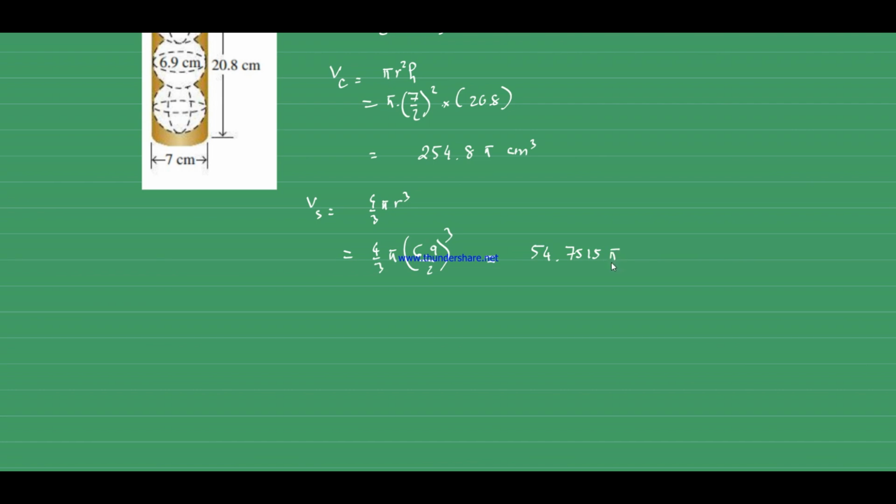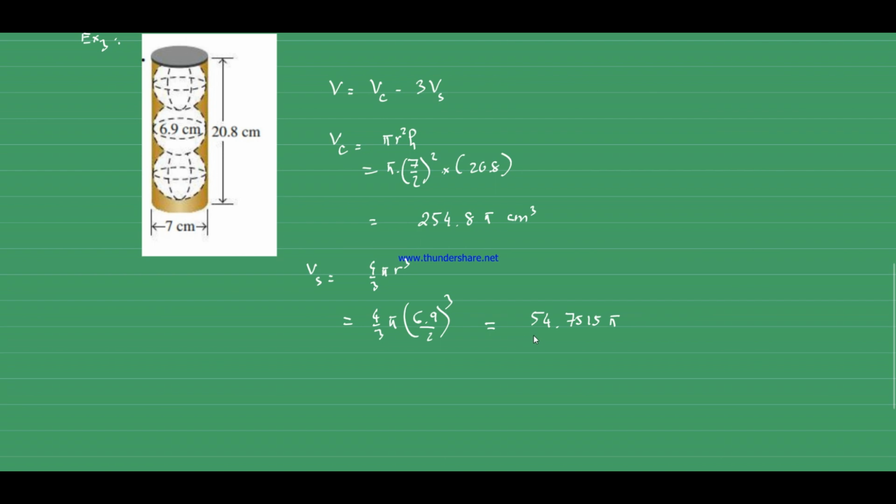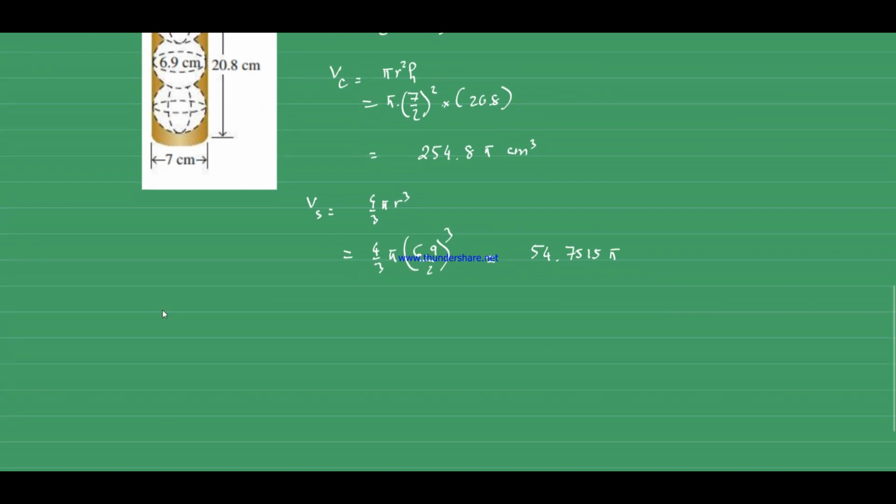Please go ahead and check it again for me if you have a calculator. I don't think I put it in wrong, but go ahead and check all the math again. The logic is good, but sometimes I have careless mistakes too. So now I can find the volume of the brown space. That would be 254.8 pi minus 54.7515 pi centimeter cube.